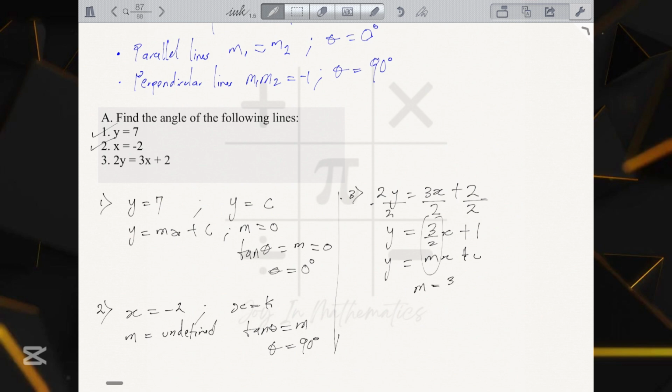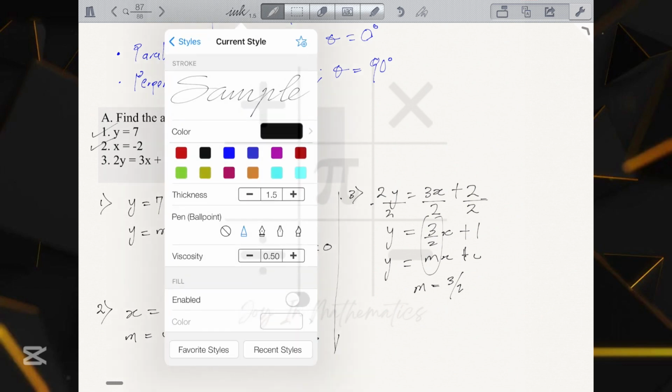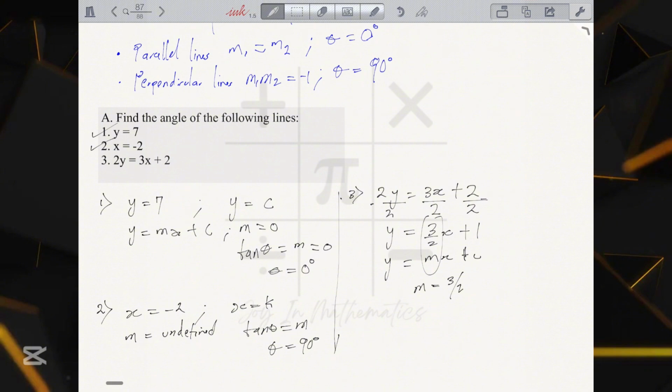Now, if m is equals to 3 over 2, we go back to our formula for evaluating the angle of a line, that's tan theta is equals to m, where theta is the angle of the line. Making our substitution, tan theta is equals to 3 over 2, which is simply 1.5.